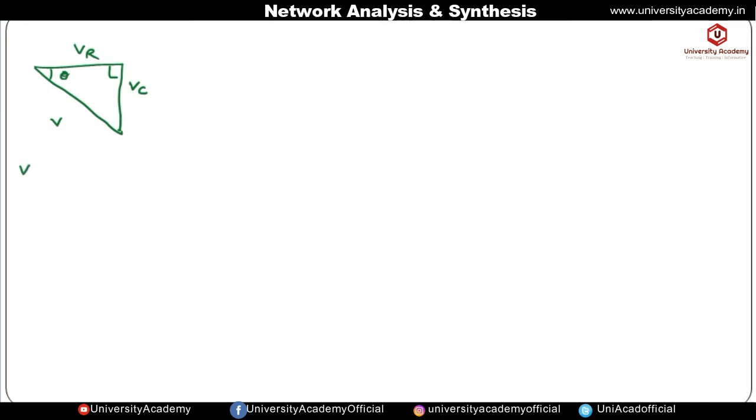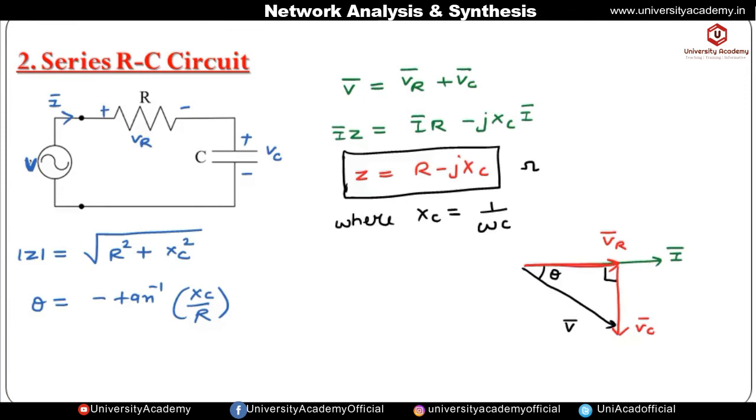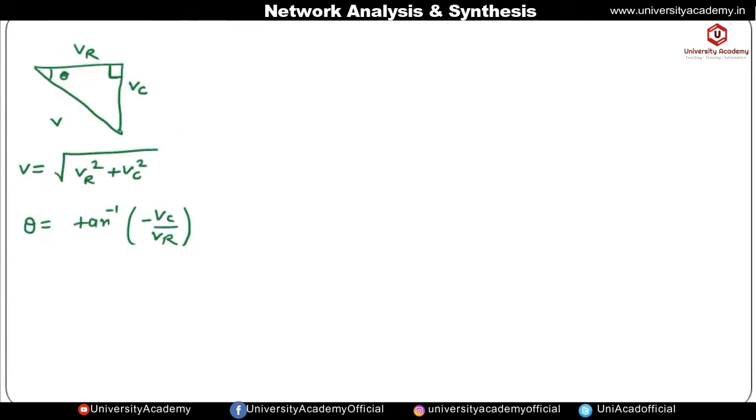If we find out the total voltage by the Pythagoras theorem, then it will be equal to square root of VR square plus VC square. And the theta value will be given by tan inverse of minus VC by VR, minus because it is below the current phasor. So if it is below the current phasor, then its magnitude will be negative.